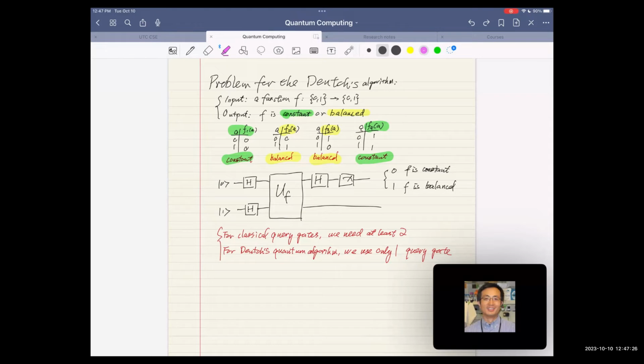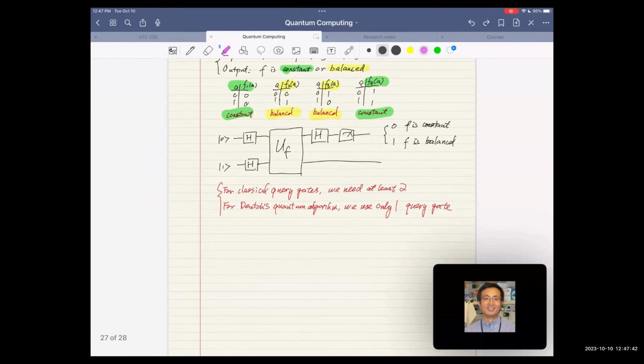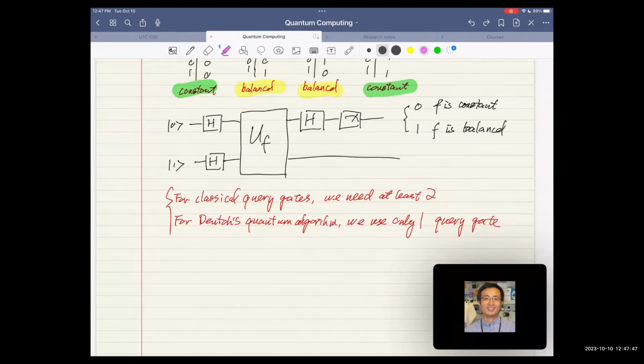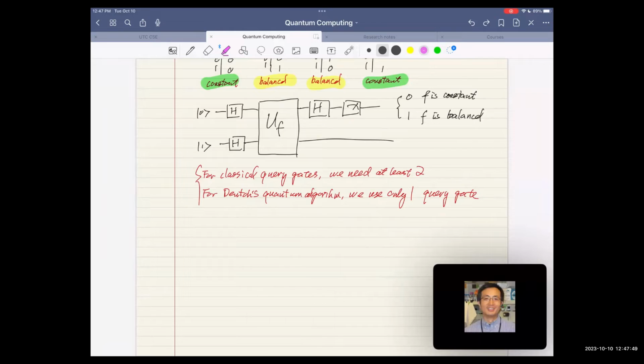In principle, the quantum algorithm can solve some problems faster than classical algorithms. That's the importance. From the practical sense, this probably never solves any practical problem. But ideally, it's important because it shows that in some problems, quantum algorithms can be faster.